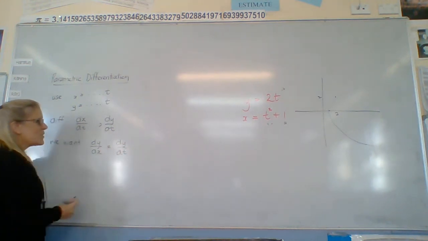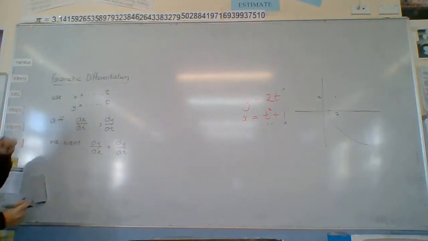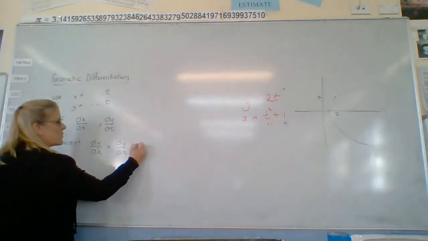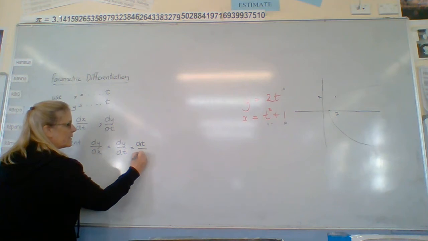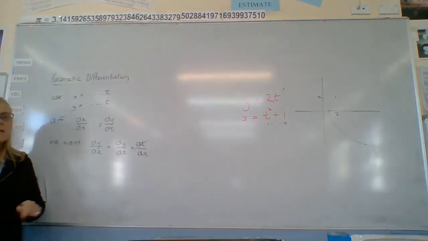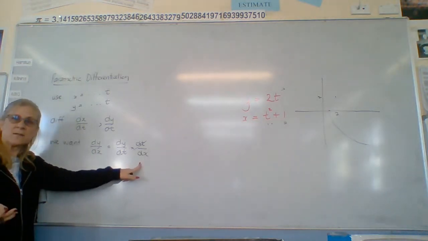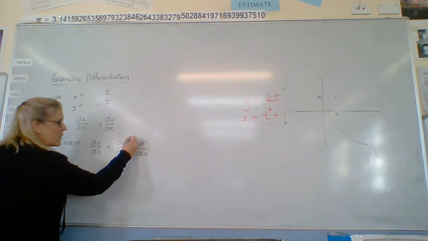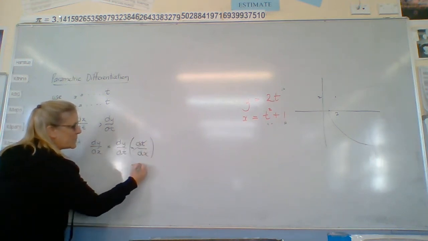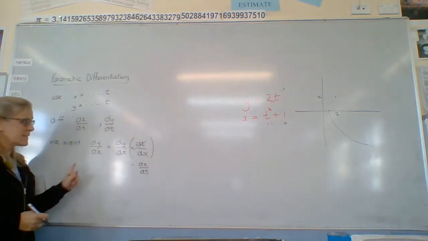But we want x on the bottom, so we multiply by the reciprocal so that we can cancel these out. All right? So in multiplying by the reciprocal, what's that the same as? Dividing. So in effect, what we can do is divide by dx by dt. And that will give us the answer.